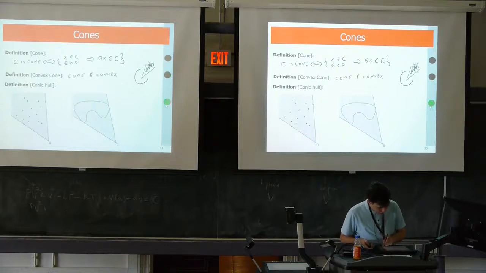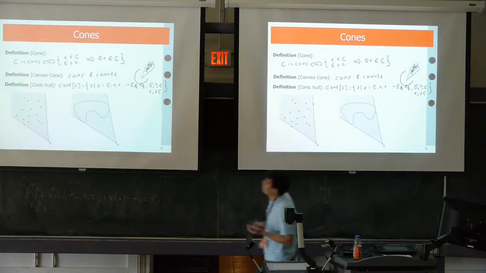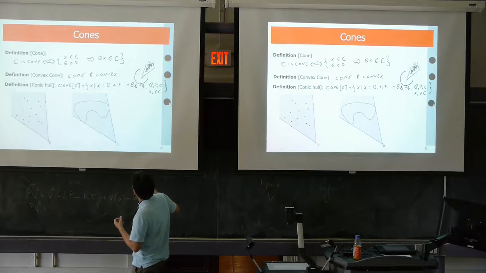And we can also define conic hulls as well. The definition is straightforward, right? The conic hull of set C is the set of linear combinations of points inside of C such that these coefficients are non-negative.